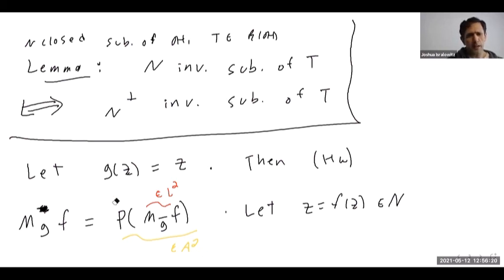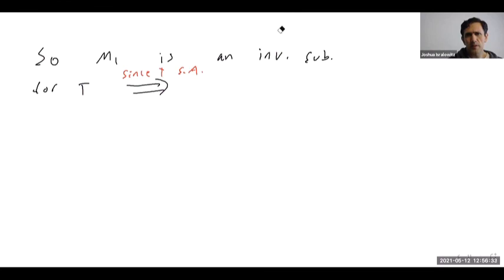And that doesn't violate this example, which is certainly not self-adjoint, obviously. So this in particular implies that M1 perp is an invariant subspace of T.